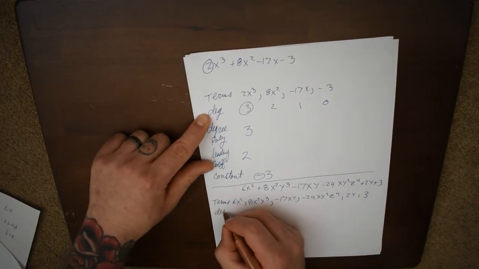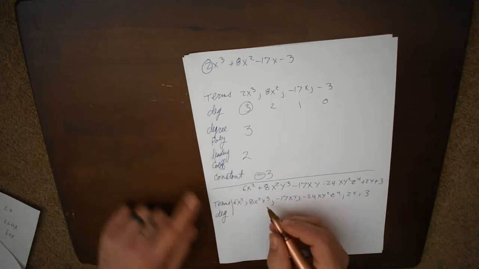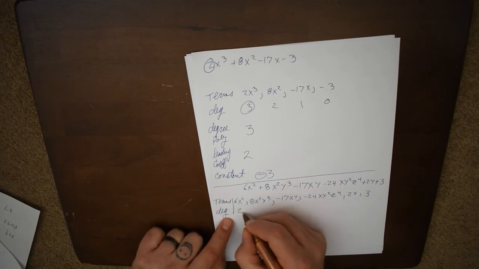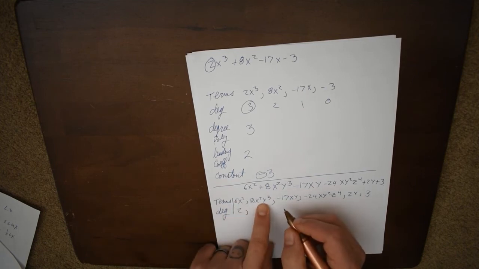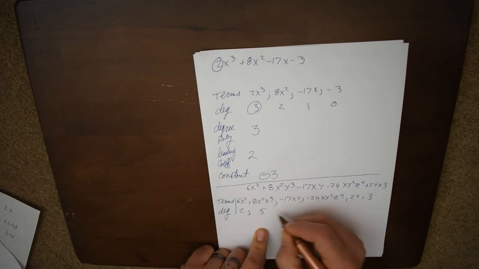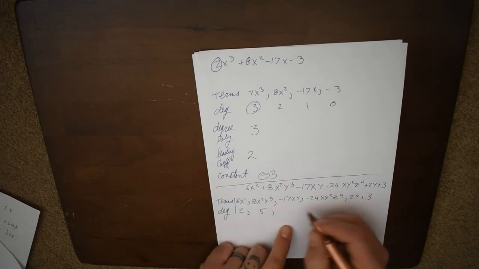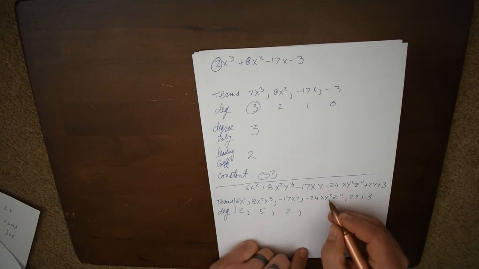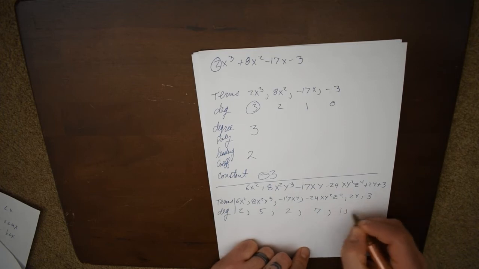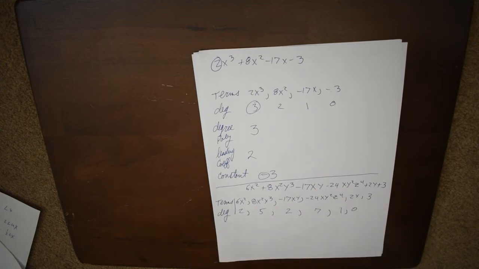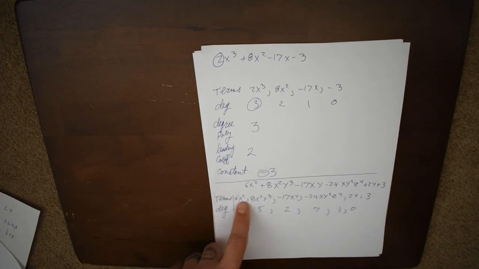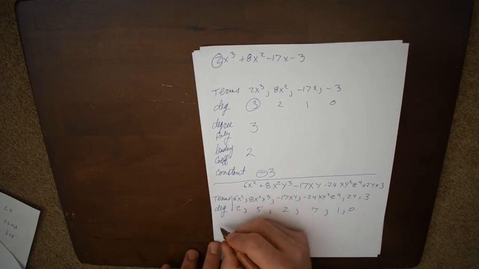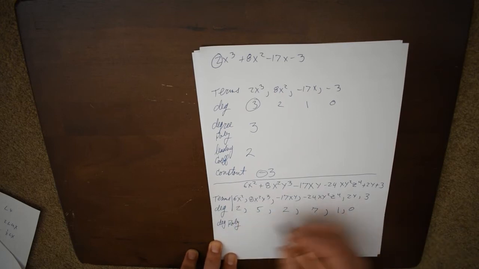The degrees of each of these terms: this is going to be of degree 2. This is going to be of degree 2 plus 3, which is 5. This is going to be of degree 1 plus 1, which is 2. This is going to be of degree 1 plus 2 is 3, plus 4 is 7. This is going to be of degree 1 and degree 0. So those are the degrees of each of the monomials. The degree of the polynomial is going to be 7.